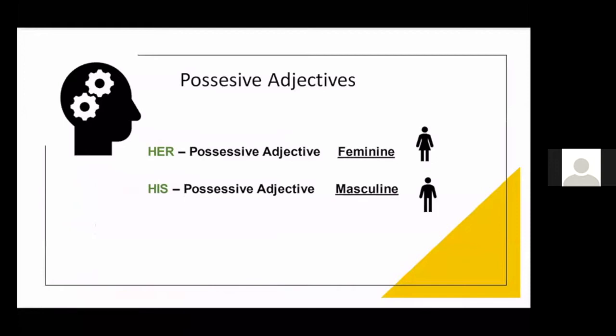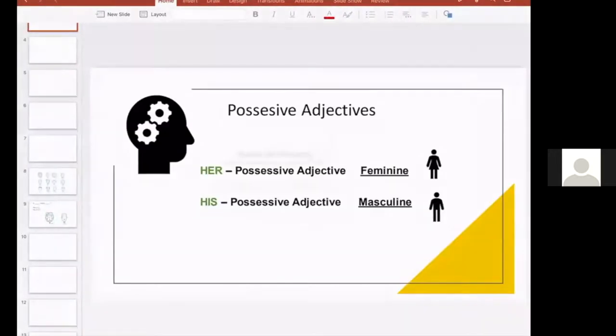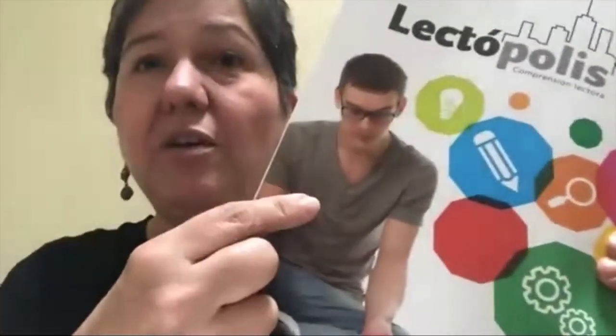Possessive adjectives: her, feminine; his, masculine. You could have a magazine or something, and you say, okay, feminine or masculine?